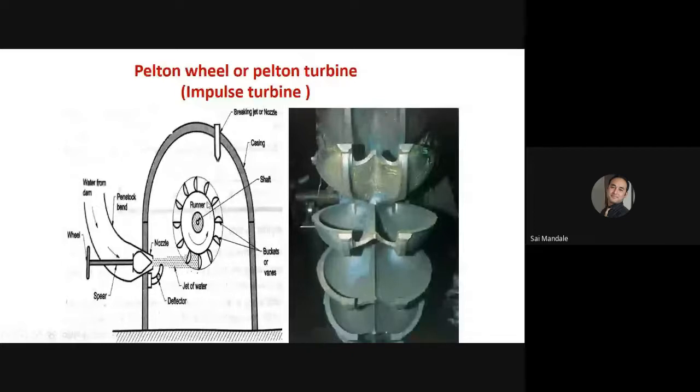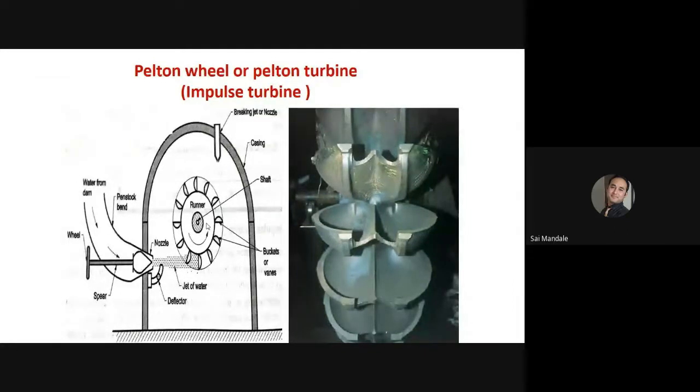Say it is rotating at 30,000 rpm or 20,000 rpm, and even if you stop supplying water to that blade, it does not stop instantly, it will take time. From 20,000 rpm it comes to 15,000 rpm, then 10,000 rpm, then 9,000, and slowly stops.